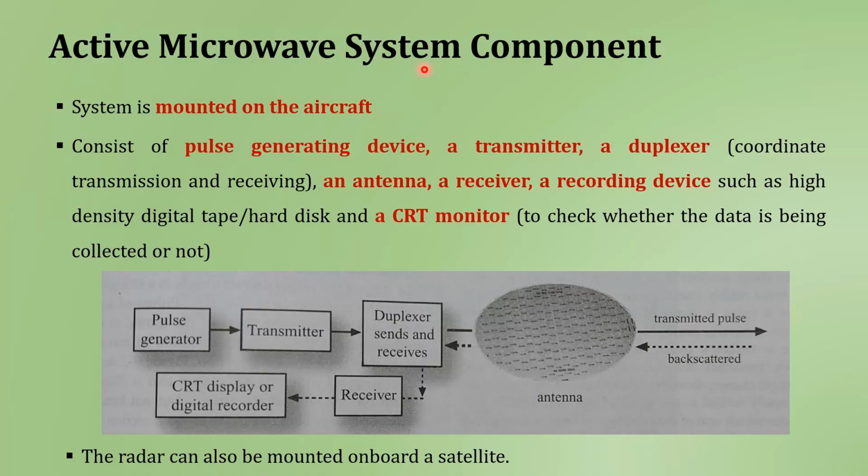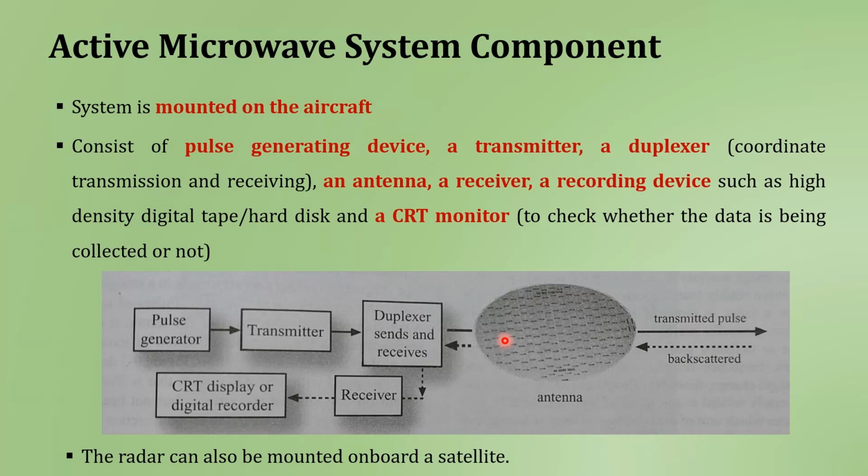Active microwave system can be mounted on the aircraft or it can be placed on a satellite, and this system consists of a pulse generating device. Here we can see pulse generator, then we have a transmitter, and then duplexer. So this duplexer is used to send and receive the signal. It coordinates the transmission and receiving of the signal.